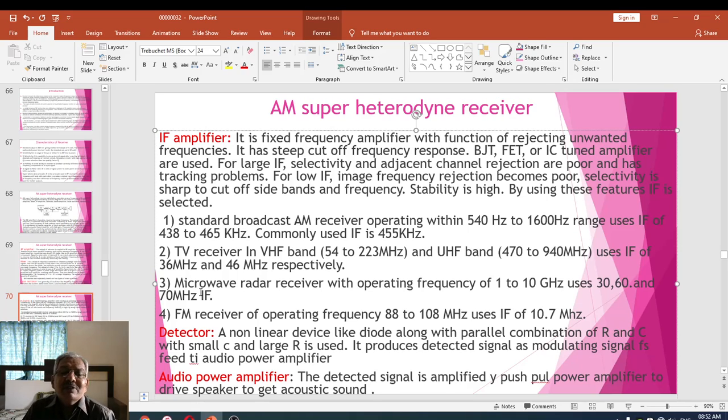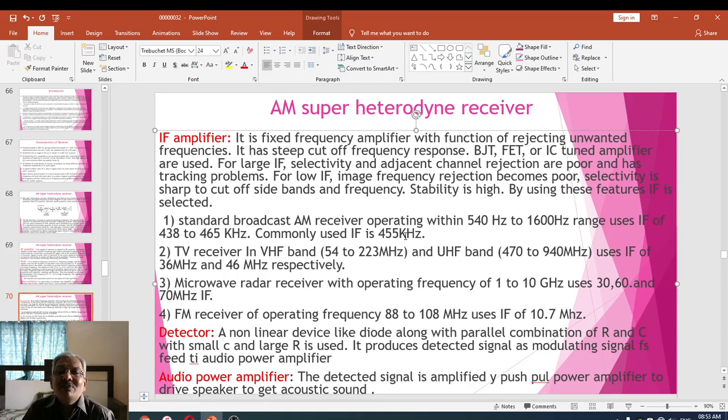Suppose there is an FM superheterodyne receiver, the FM stations we all use, which operates within the frequency range of 88 MHz to 108 MHz. This uses an intermediate frequency of 10.7 MHz.